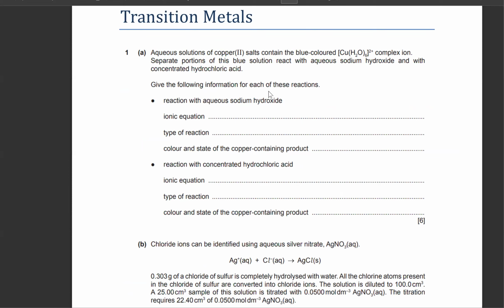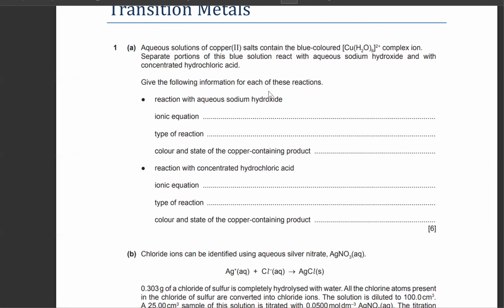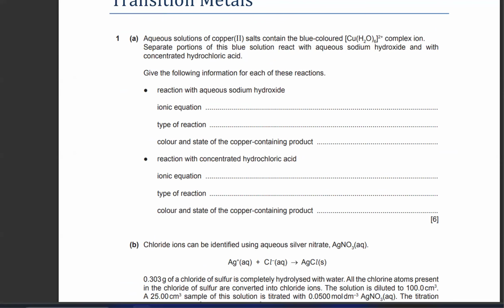Okay, this one. So this one is seeing this copper. Remember, most of the questions are going to be very straightforward. So copper is with water. It's a complex, and it says separate portions of the blue solution react with aqueous NaOH and with concentrated HCl. So what happens when you add NaOH to it? You have to write the ionic equation as well.